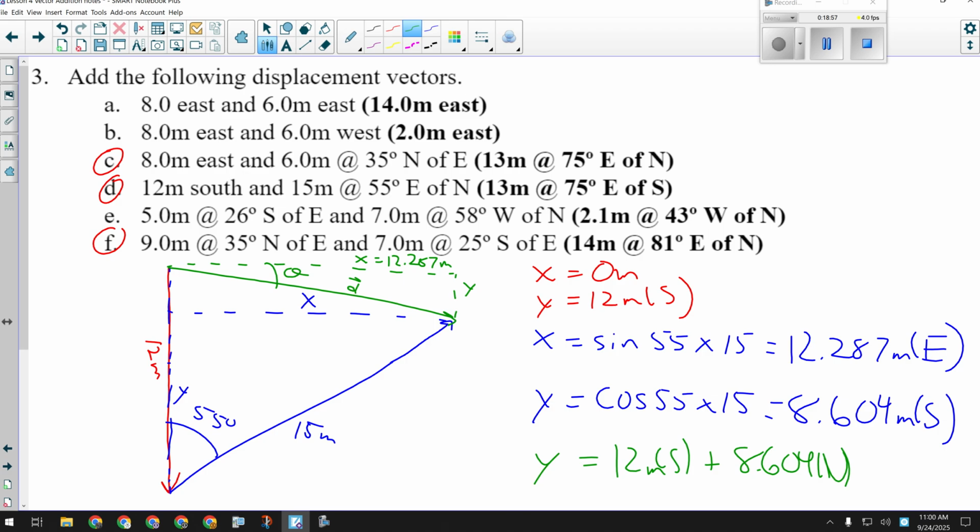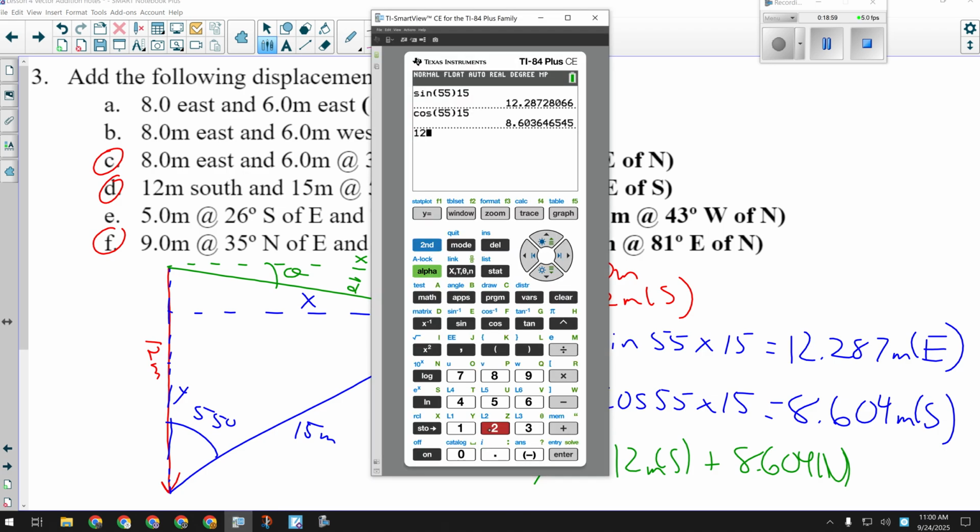So I'll take negative 12, and I will add to that the 8.604. So I still end up south. That's why I add a negative. That way when I do this, I know south's negative, I got a negative number, so I ended up south of where I started.